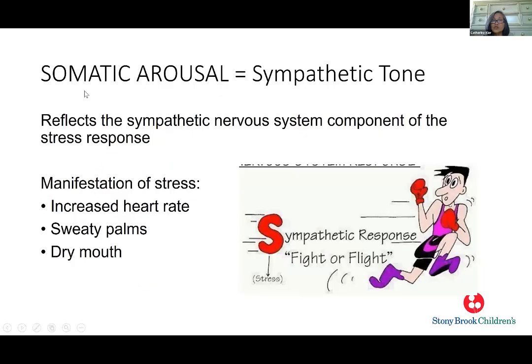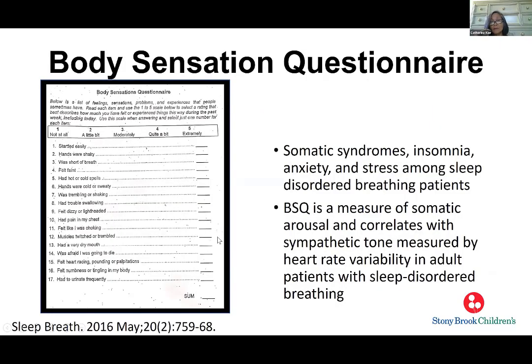So somatic arousals, those micro arousals that I showed you after airflow limitation, equate to sympathetic tone. With sympathetic tone, you have manifestations of stress like increased heart rate, sweaty palms, and dry mouth. So now we looked into a body sensation questionnaire.